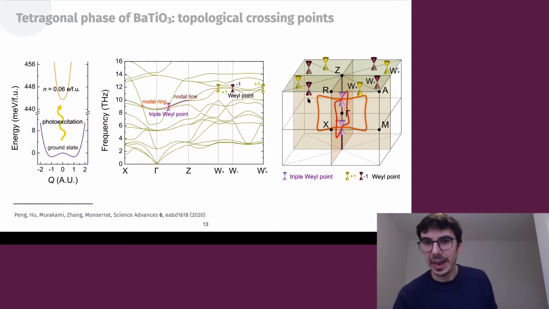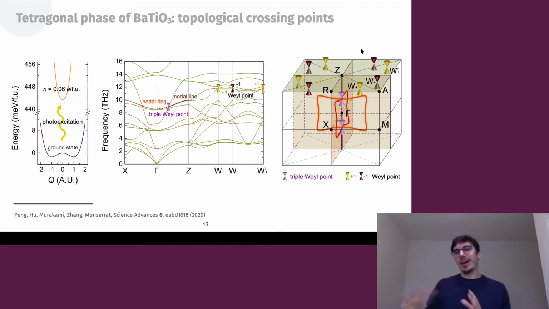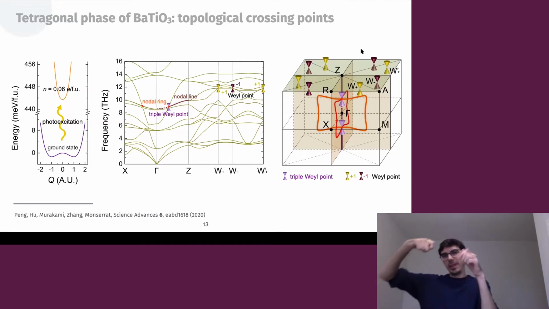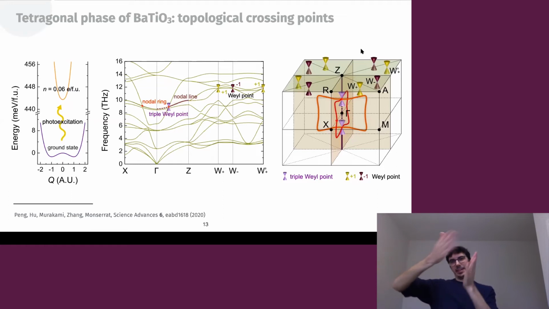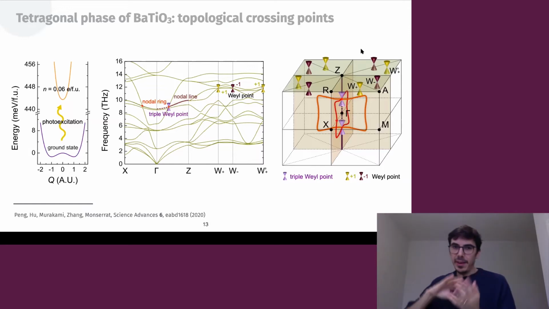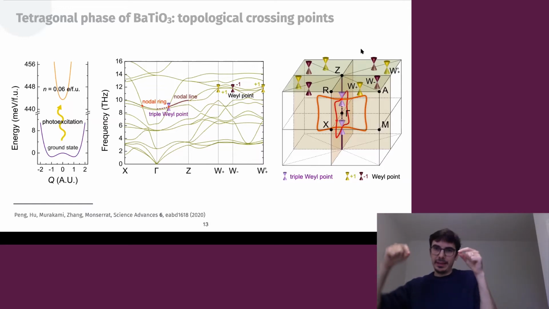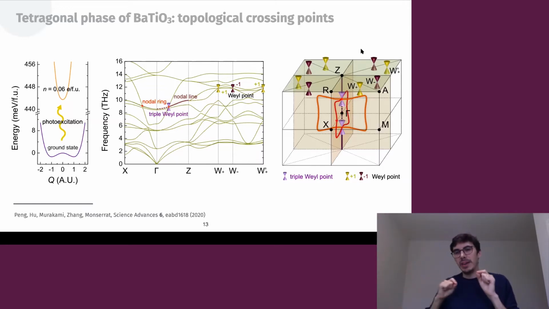And you can see that we have 8 of them. The reason why we have 8 of them is because in reality we have a pair of them, one with a positive Chern number or chirality and the other one with a negative one. And then because of the crystal symmetry of the system, they just get repeated, and you have 8 of them.